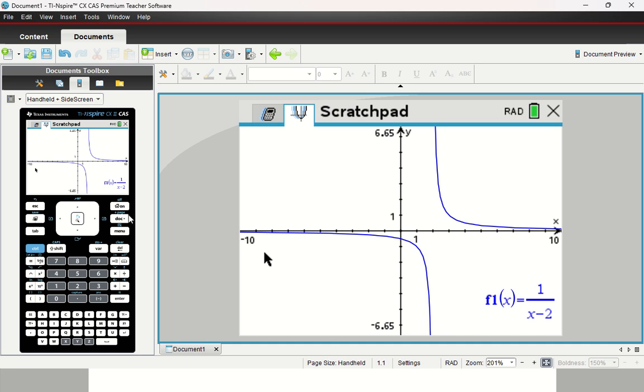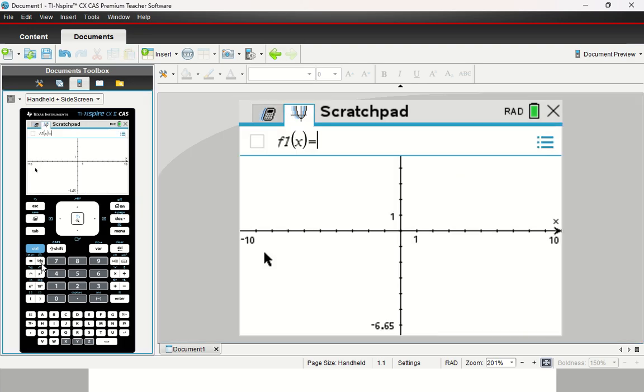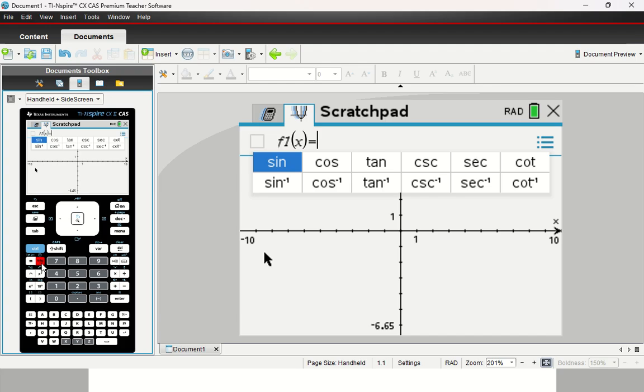So I'm going to go to doc B, clear this, and then go here, trig, right? Hit trig, which is right below control. It's going to have all of those, because if you have to do some of these other ones, like the arcs or the inverse, you're going to need that.